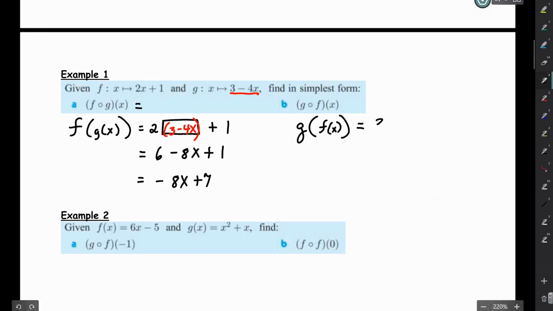So we have 3 minus 4, and then replace the x with a box. And then inside the box is going to go the f function, because the f function is being input into the g machine. This is the f function. All right, and then we'll just go ahead and distribute.